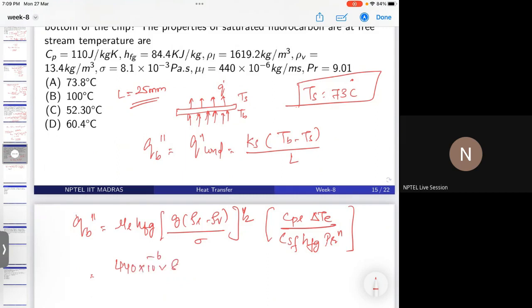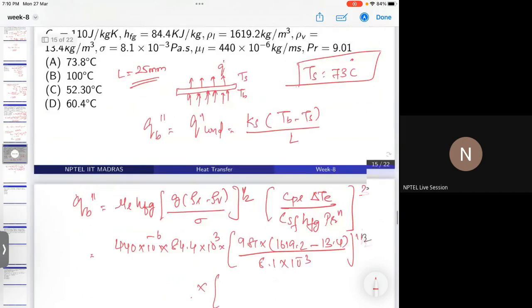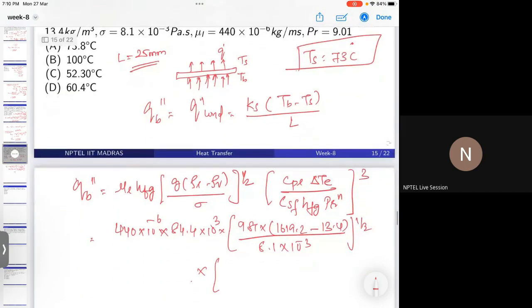HFG is 84.4 into 10 raised to 3, and 0.81. Then 619.2 minus 13.4 by sigma 8.1 into 10 raised to minus 3, to the half, into CPL 1110.